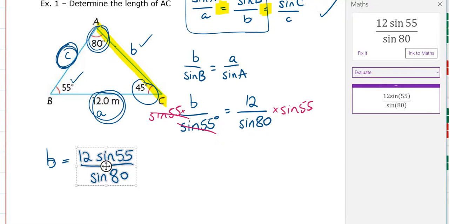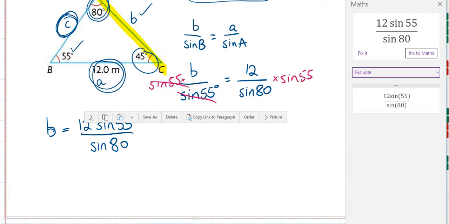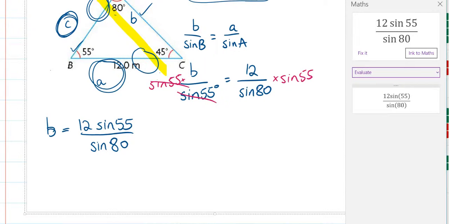You must make sure your calculator is in degree mode before you do this. And so I evaluate first 12 times sine 55, and then I divide by sine of 80. And that gives you a b value.